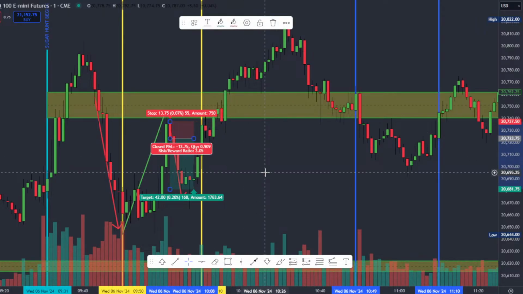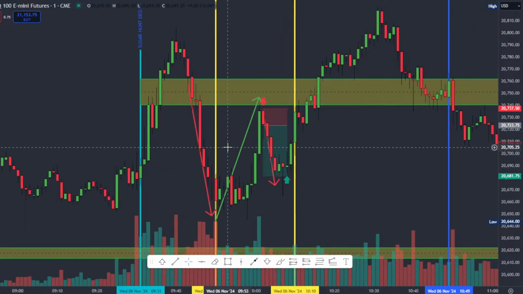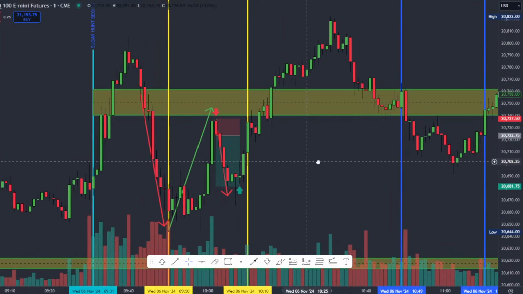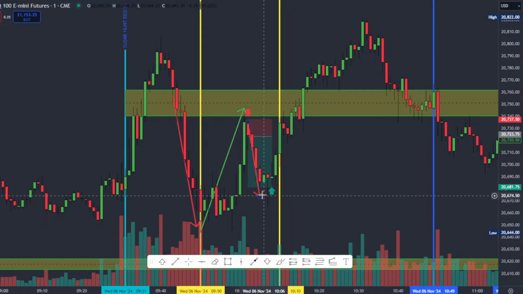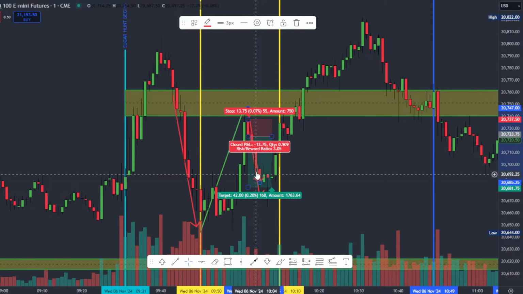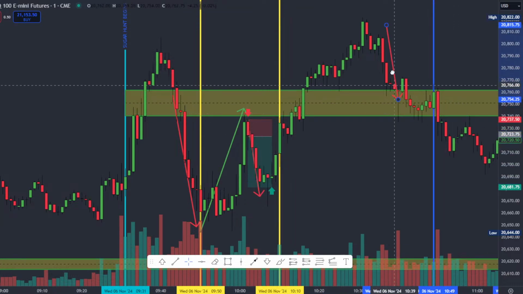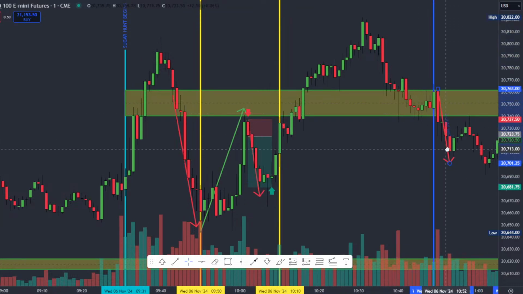Yeah. All right. So for the second window, look what's going on. Same kind of activity, right? We were above, but we broke down.